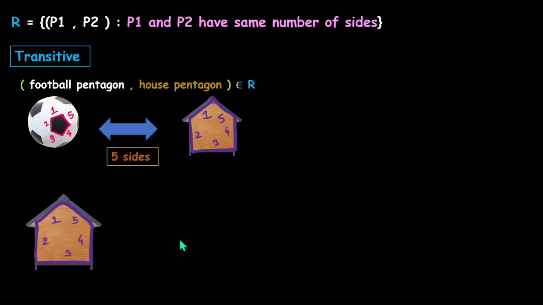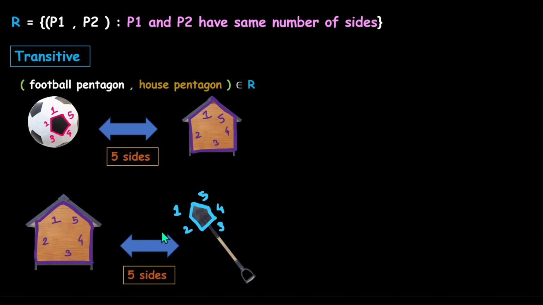We know that this has 5 sides, and let's see what figure the head of the shovel is. It's amazing how we can find math in the most basic things. So let's check the number of sides in the head of a shovel, and we see that it also has 5 sides. So this means this back of the house is also related to the shovel. And we can write that the house pentagon is related to the shovel pentagon. So they belong in the relation R.